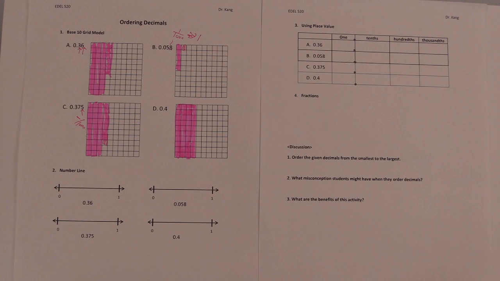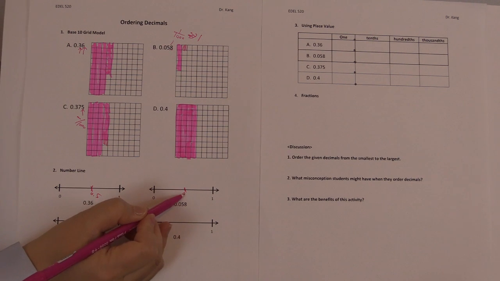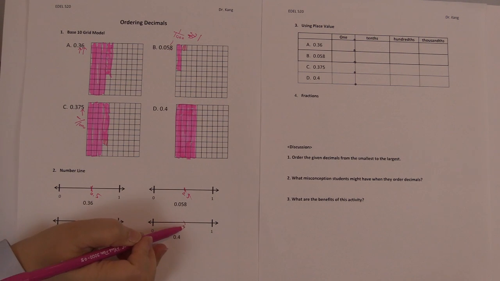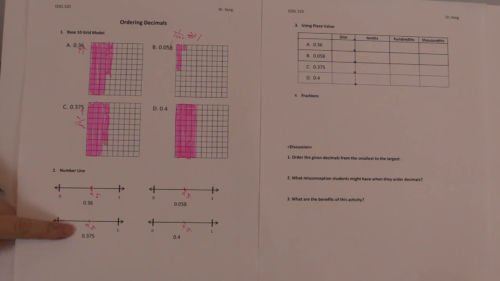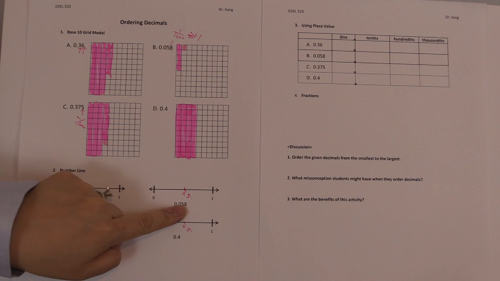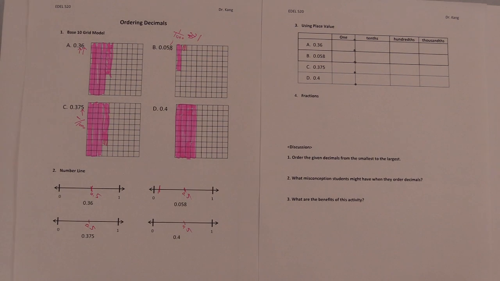We can also use a number line. I want to put 5 tenths in the middle. Now, the number line is a little bit tricky here because these are very close, so it's very difficult to say. But this one is very obvious. This is not even 1 tenth, so it's going to be somewhere around here, close to 0.